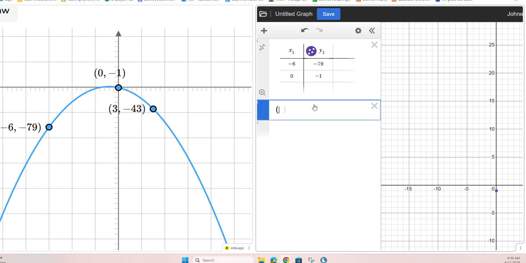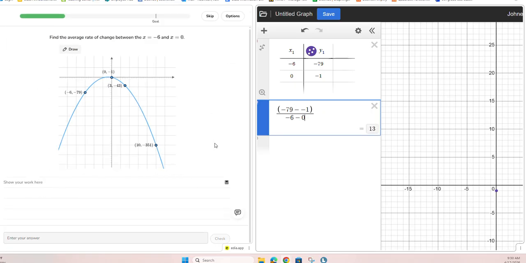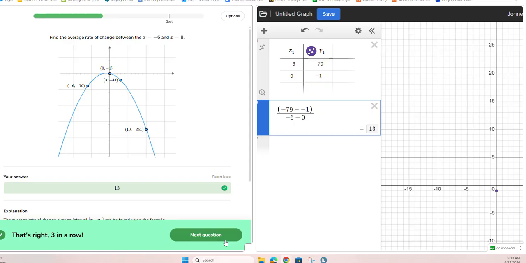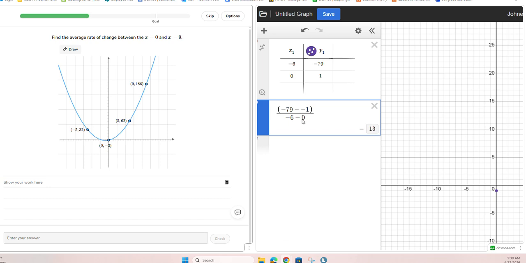Try that again. Parenthesis, -79 minus -1 over -6 minus 0. I get 13. My answer is 13. All right, now, are there any questions on what I'm doing?